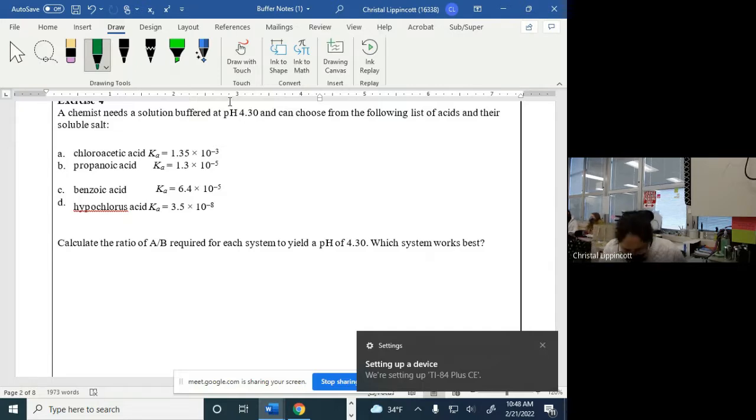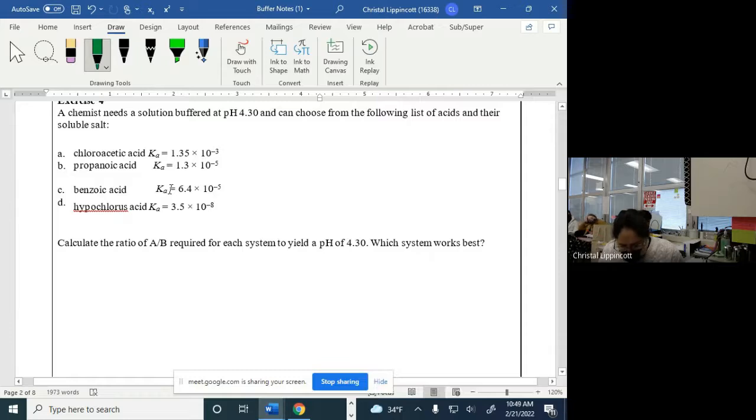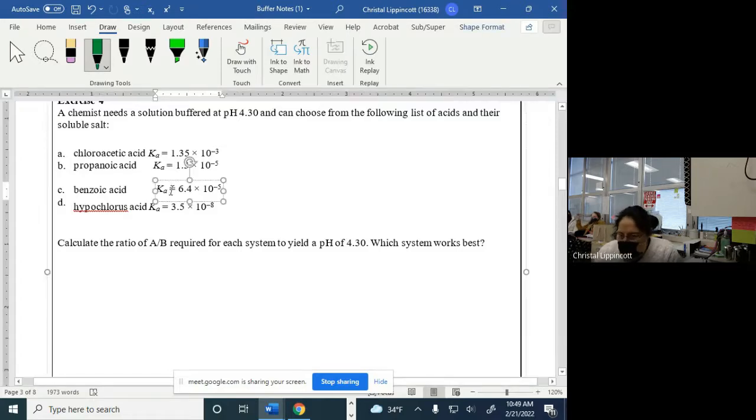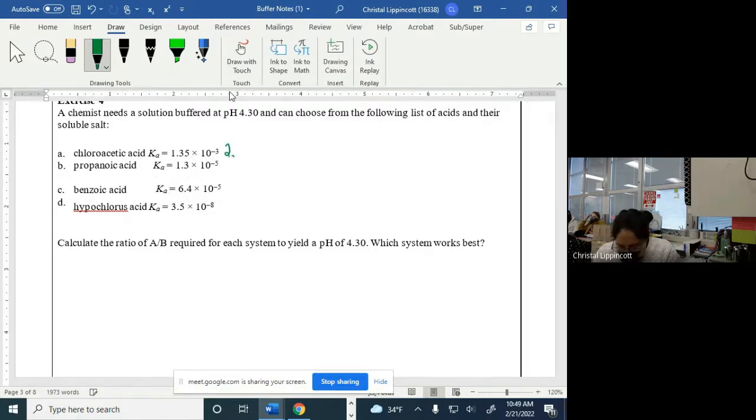Okay, there we go. So I've got negative log of 1.35 to the negative 3, and this is going to be 2.87.